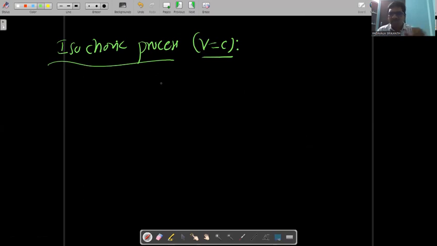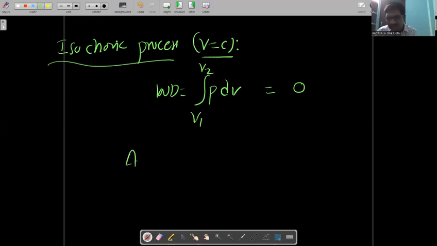So generally, we know work done for any process is nothing but what? P into dV. Am I right? So nothing but the integral from V1 to V2. There is no change in the volume. I can say definitely work done will be 0. Initial volume becomes final volume. This becomes 0.